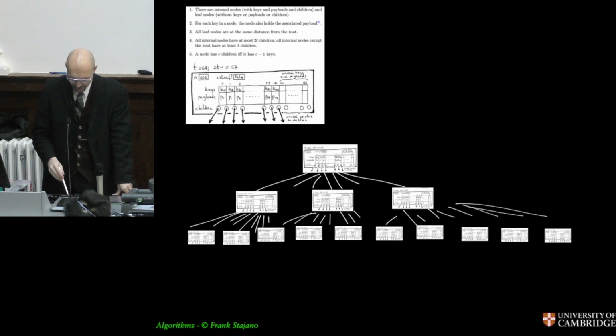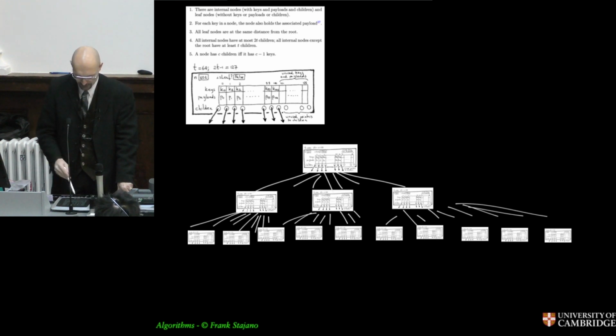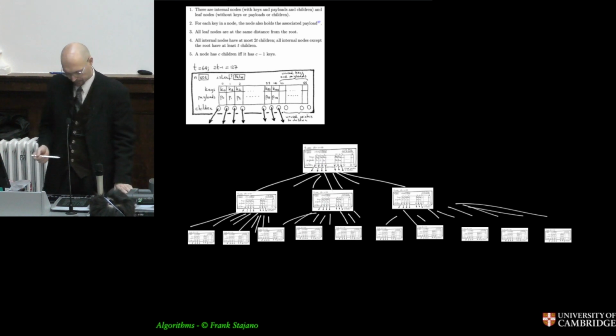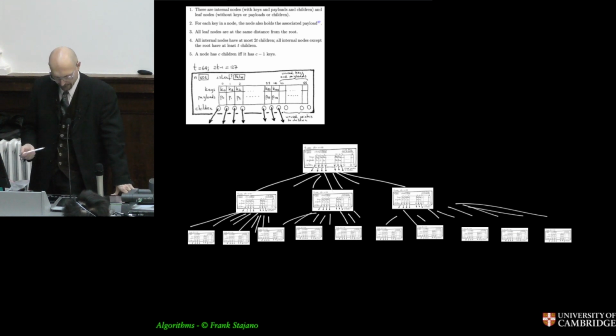Every other node respects that, and in any case, the rules that are summarized up here together enforce the invariant that every path from the root to the leaf, which is where most of the keys and values are stored, is going to be the same number of edges, which is going to be a very small number. With a branching factor of 1,000, this level has 1,000 nodes, this level already has 1,000,000 nodes, the next level has 1,000,000,000 nodes, and so on. Any branching factor could be higher.